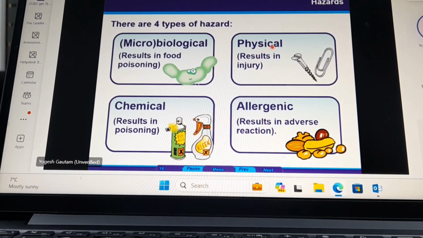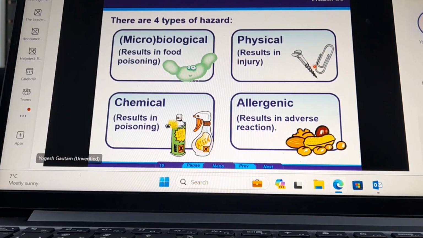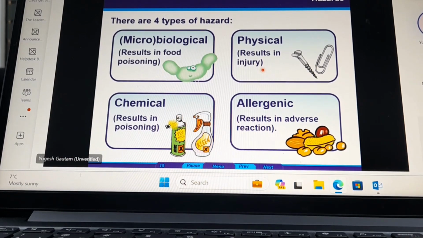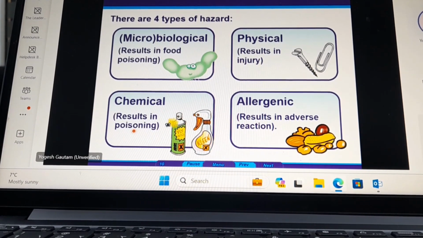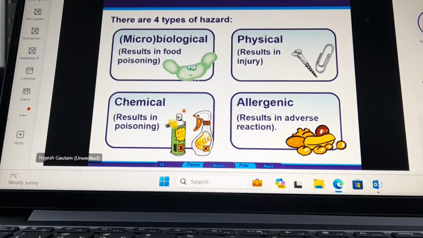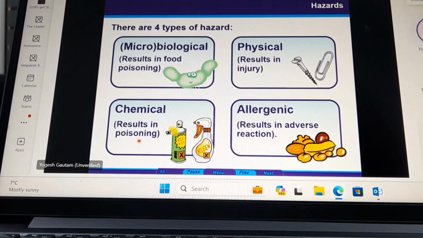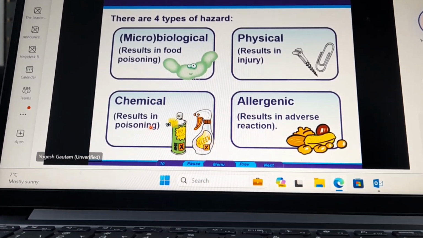Then there are physical hazards. Physical hazards are basically things of metal, plastic, wood, stone, which may cause injury. Chemical may cause poisoning. See, this is called food poisoning and this is called poisoning. The chemicals, if they are present in food in higher amount or higher quantity, they may cause poisoning to the person, and that may lead to illness or death.